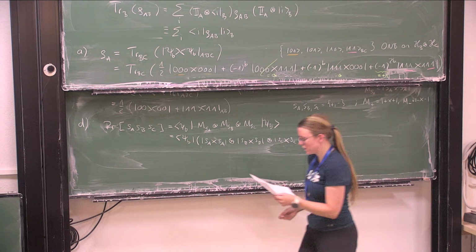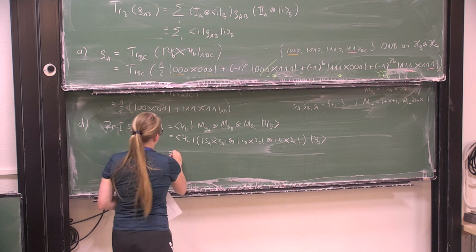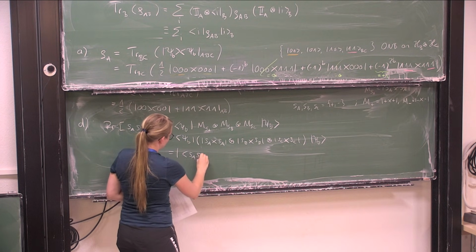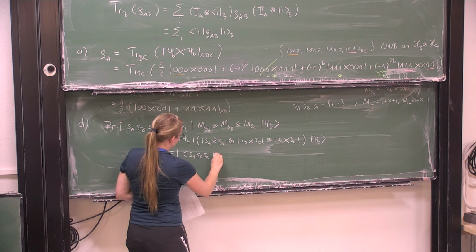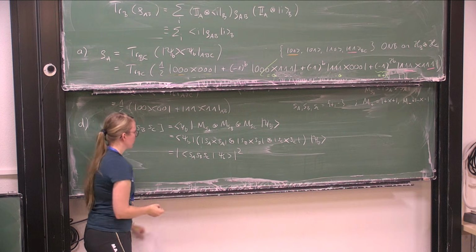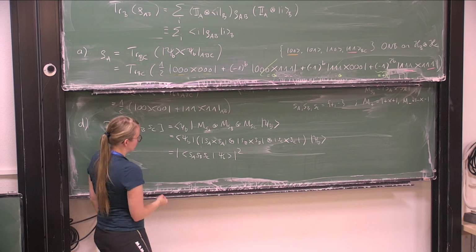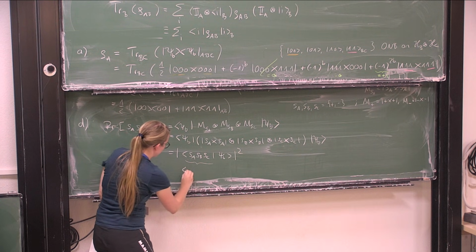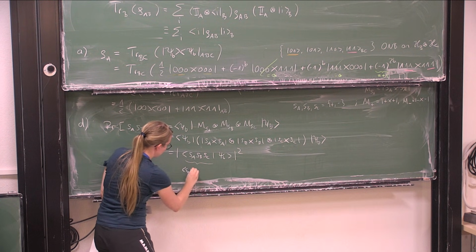This I can rewrite so that I have the overlap of a_A, b_B, c_C. So this state here is short for the tensor product of 3 states.